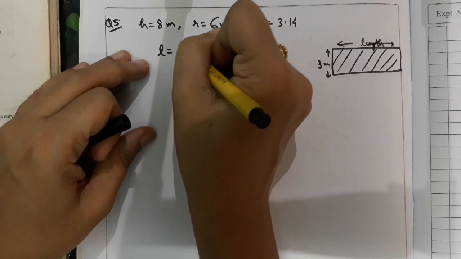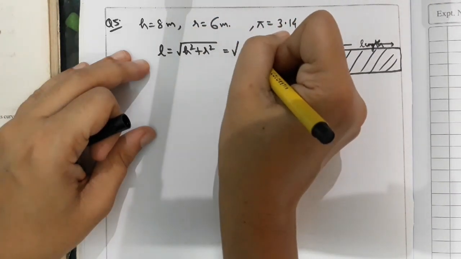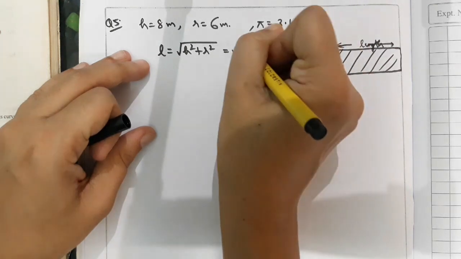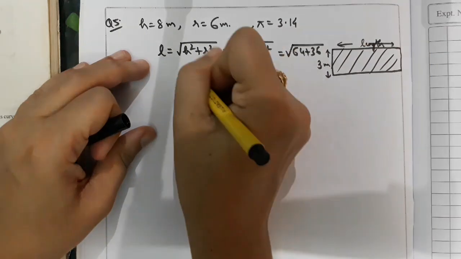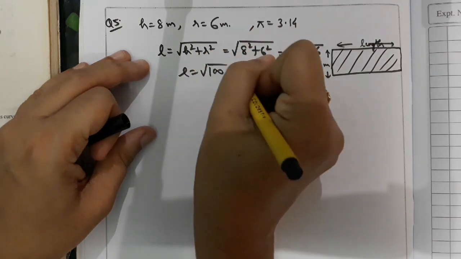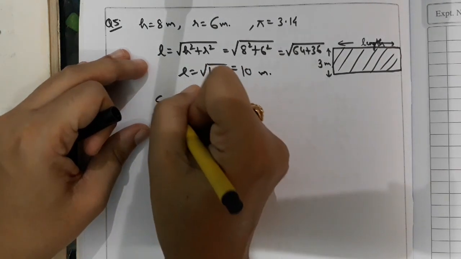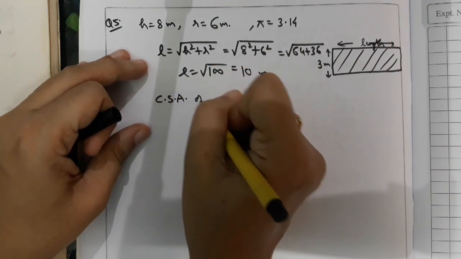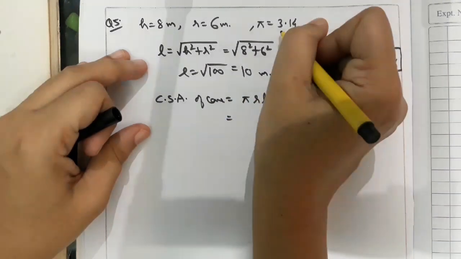L we know is under root h square plus r square, which comes out to be under root 64 plus 36, that is, L is under root 100, which comes out to be 10 meters. Now we find out the curved surface area of the cone. We know it is pi r L. We substitute the values.